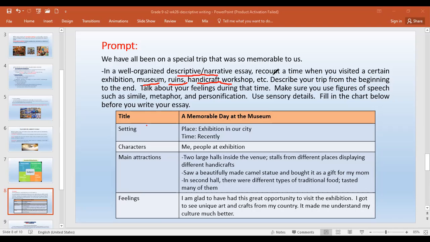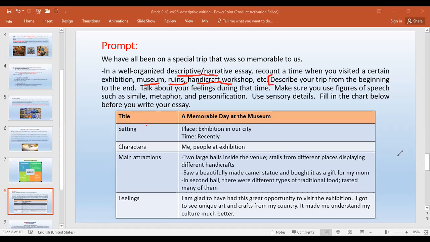Nurjan, yes, continue, please. Talk about your feelings during that time. Make sure you use figures of speech such as simile, metaphor, and personification. Use sensory details. Fill in the charts below before you write your essay.